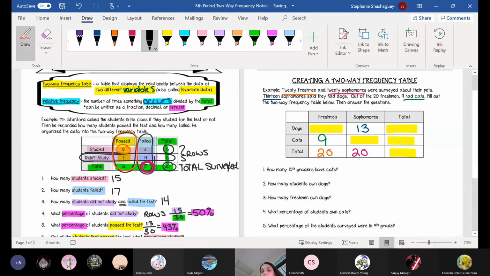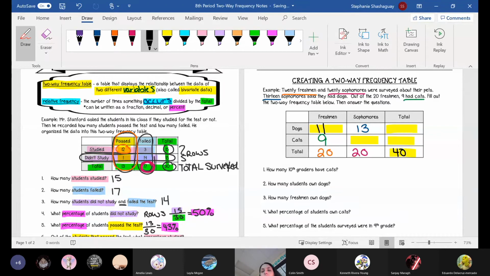What is 20 plus 20? 40. All right. If there's 20 total freshmen surveyed and 9 like cats, how many like dogs? 11, because 9 plus 11 is equal to 20.